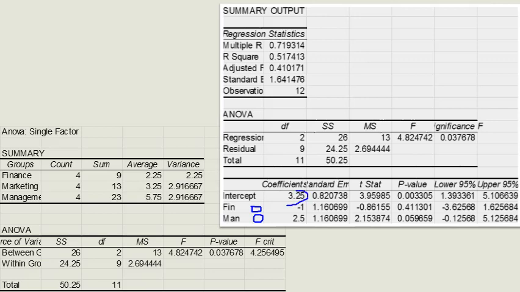This represents the expected value for the baseline category of marketing. And we can see that this is equal to the sample mean for marketing. Then the slope coefficients represent the difference between that category and the baseline. So the -1 value for the slope of finance means the mean value of finance is 1 less than marketing.